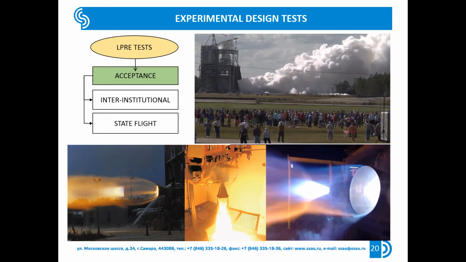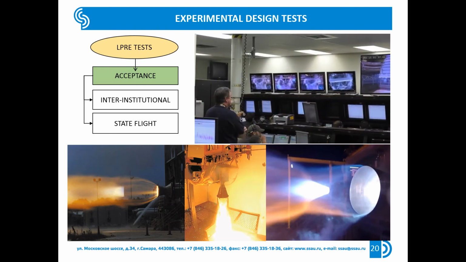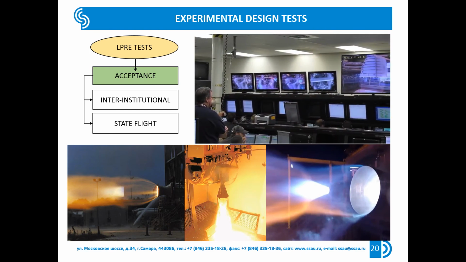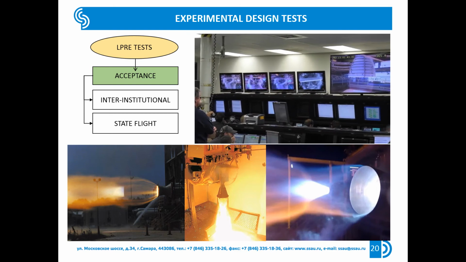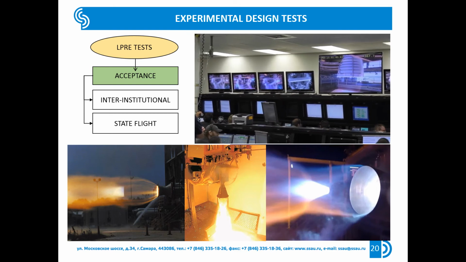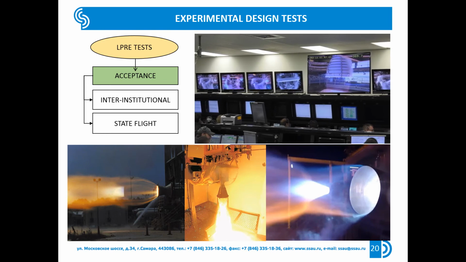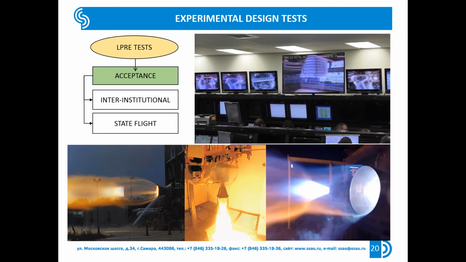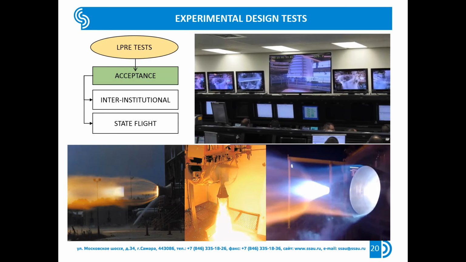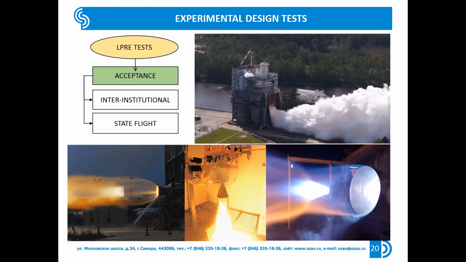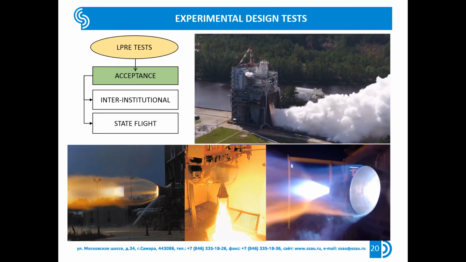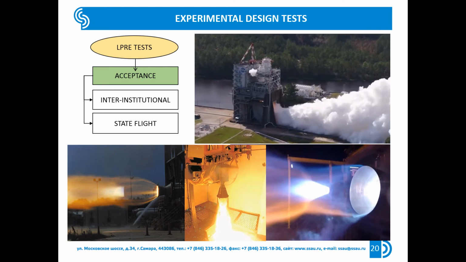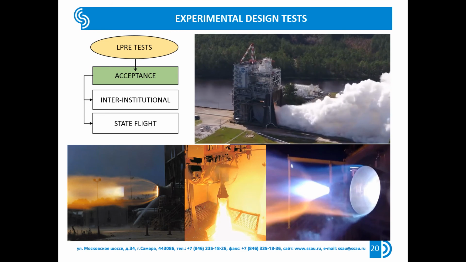The Interinstitutional Test Committee reviews all documentation, development history, results of all tests and other materials prior to testing. Based on its review of these documents, it issues an opinion on the approval of the LPRE for testing. After the tests, the liquid propellant rocket engine is disassembled and its components are inspected for defects. The committee's work is completed by drawing up an act on the interinstitutional tests.